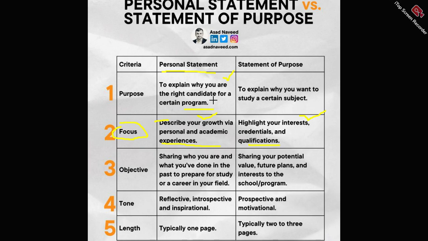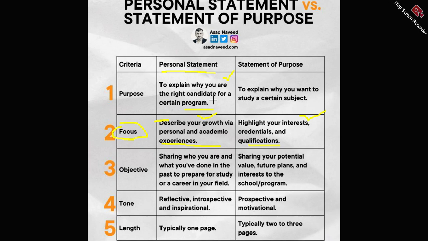In your personal statement, you have to write why you are the right candidate for this program, what you can do in it, and what efforts you can put into their project. This is the main thing. And in a statement of purpose, you have to explain why you want to study a certain subject. So these two things have a major difference between them.